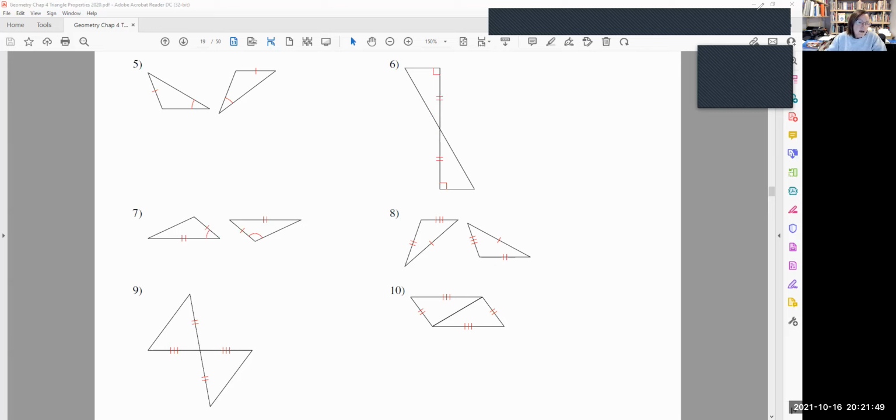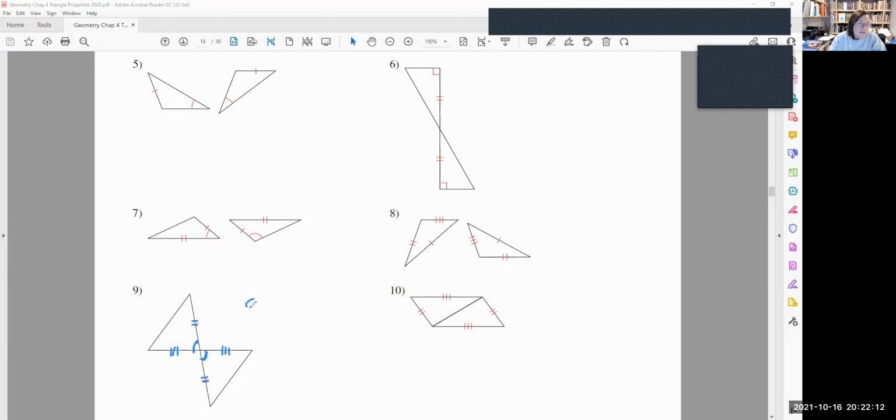Okay, this is a bow tie. I'm going to be a little bit careful because with bow ties, I don't always have congruency, but I do have vertical angles. So what I'm thinking I should have, I've got a side, angle, side, and I could do the same thing over here. Side, angle, side.